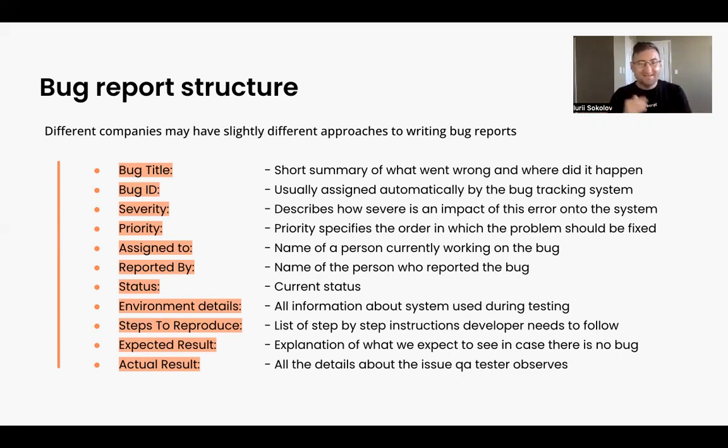In some companies, severity and priority kind of mean the same thing, because the more severe an issue is, the faster we want it to get fixed. So that means priority is going to be higher. But there are still some systems that use different fields for severity and priority. You need to understand the difference.